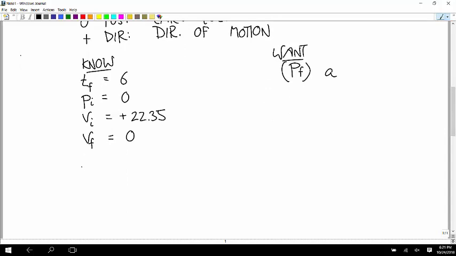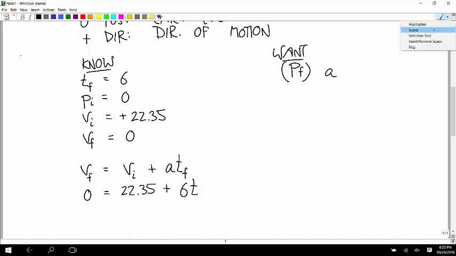And for that one, I think we should be able to use v final is equal to v initial plus a times time final. So 0 is equal to 22.35 plus 6A. And then we can calculate A, and it's definitely going to be negative.